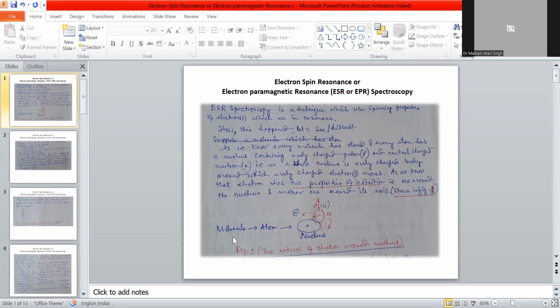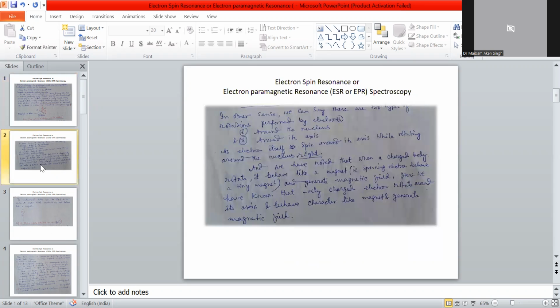The electron itself spins around its own axis while rotating around the nucleus, right?